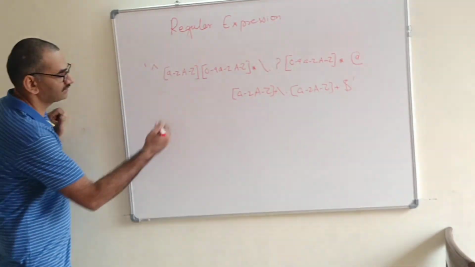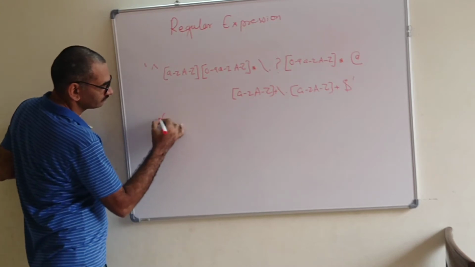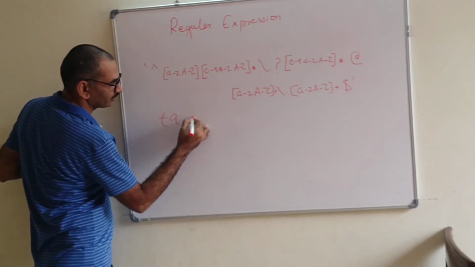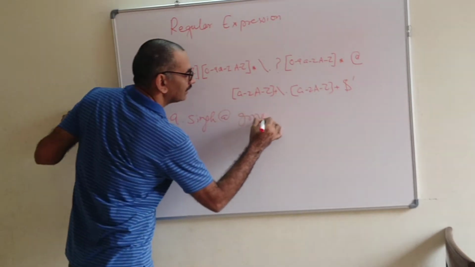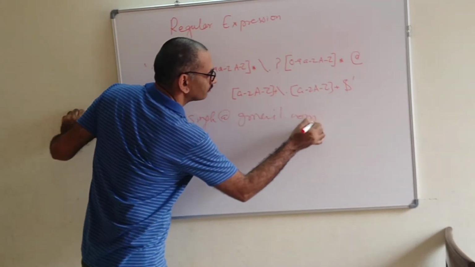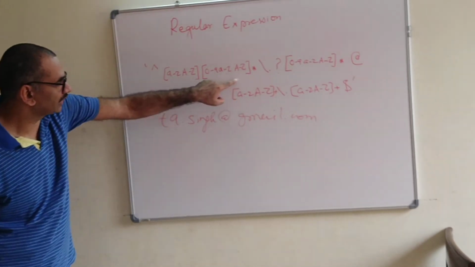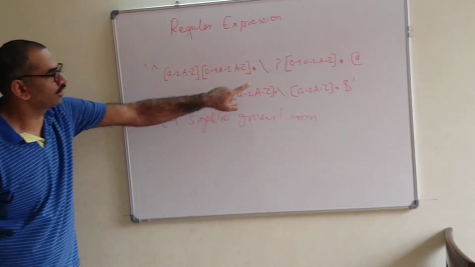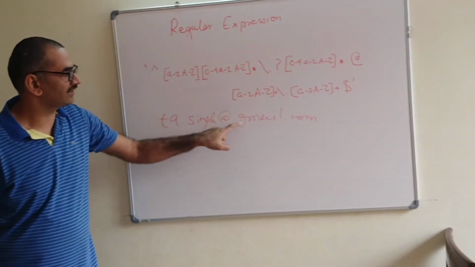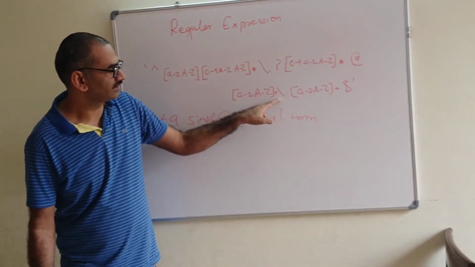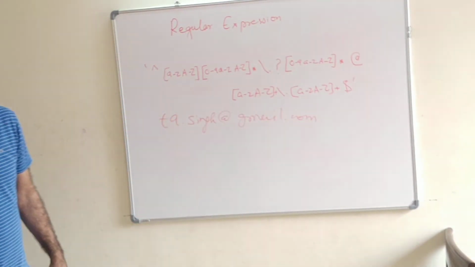So for example, let's say I give T9 dot sync at gmail.com. First character, then 0 to 9 present or not present, yes, then dot may be present or not, dot sync covered by this, then at, and then gmail with this plus, and then dot, and matched.